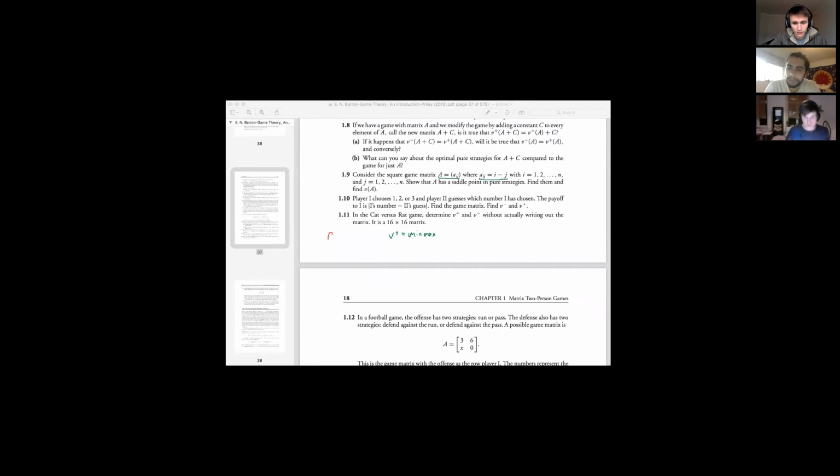And we're minimizing over the columns, sorry. And we're maximizing over the rows. And that is given in the equation above for when we defined the V plus.